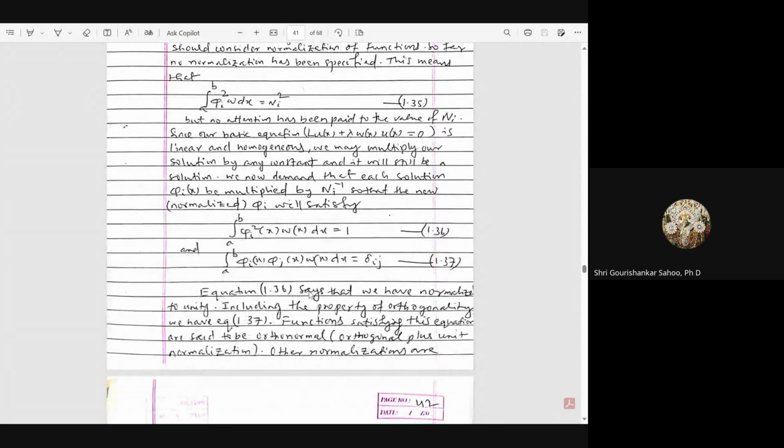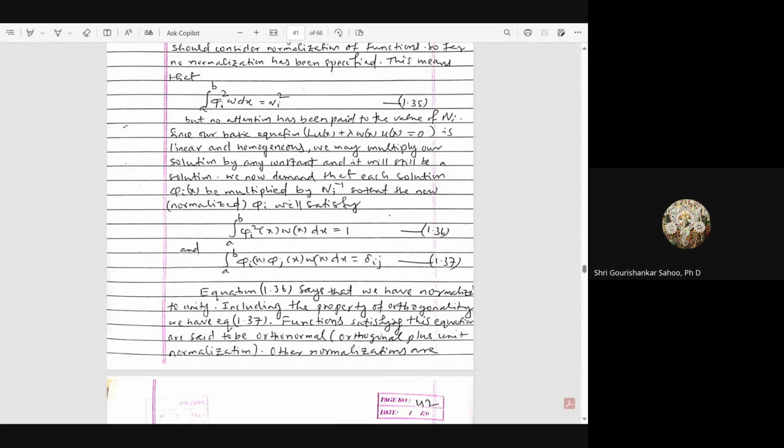Since our basic equation is linear and homogeneous, we may multiply our solution by any constant, and it will still be a solution. We now demand that each solution phi_i be multiplied by N_i inverse, so that the new phi_i will satisfy integration a to b phi_i squared omega dx is equal to 1, where phi_i is a function of x and omega is a function of x.